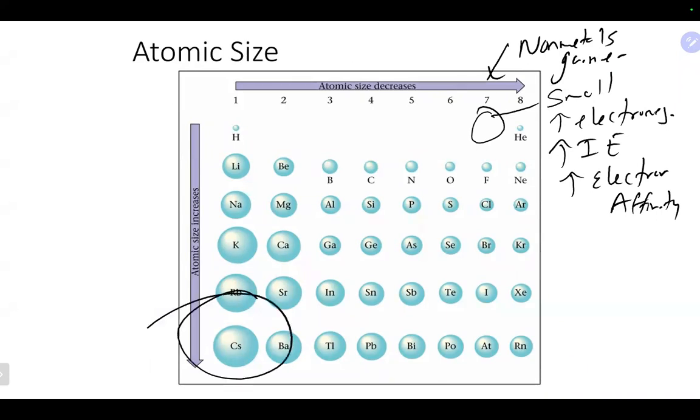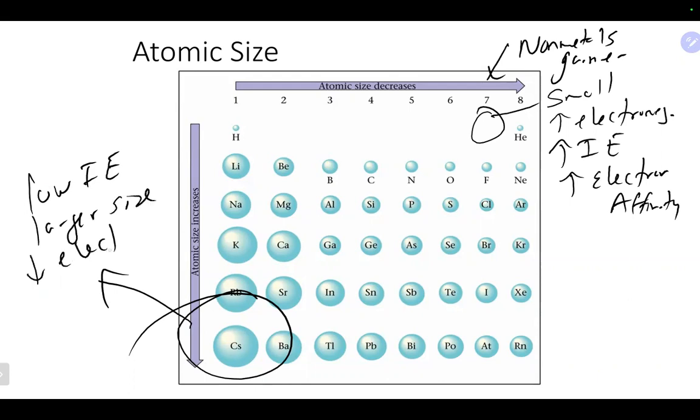As you come down this way on the periodic table, you have all the opposite. You have very low ionization energy, a larger size, smaller electron affinity, and smaller electronegativity. All of those things basically say: I have a very large size, my outer electrons are far away from the nucleus, and they're not held as tightly.